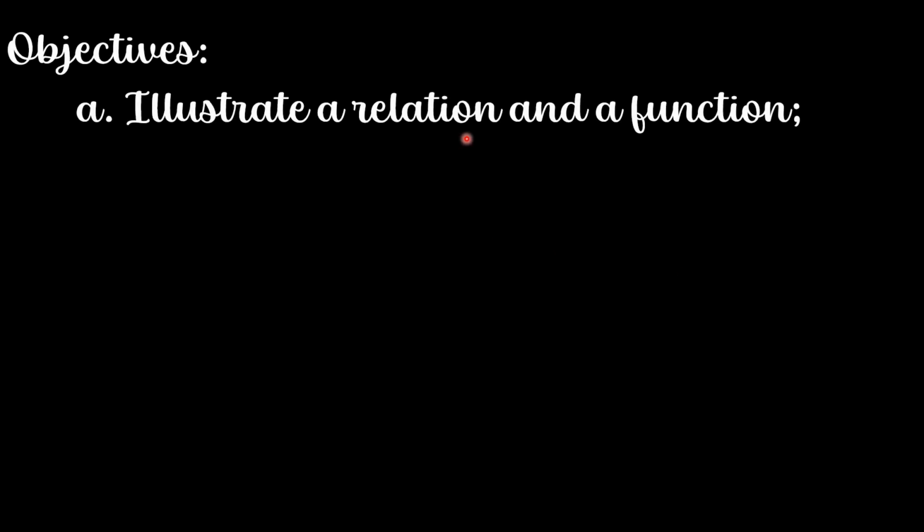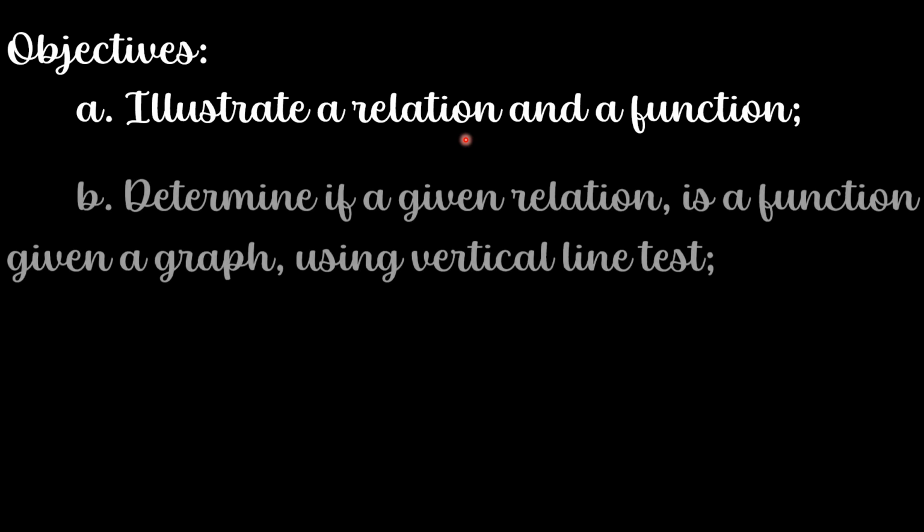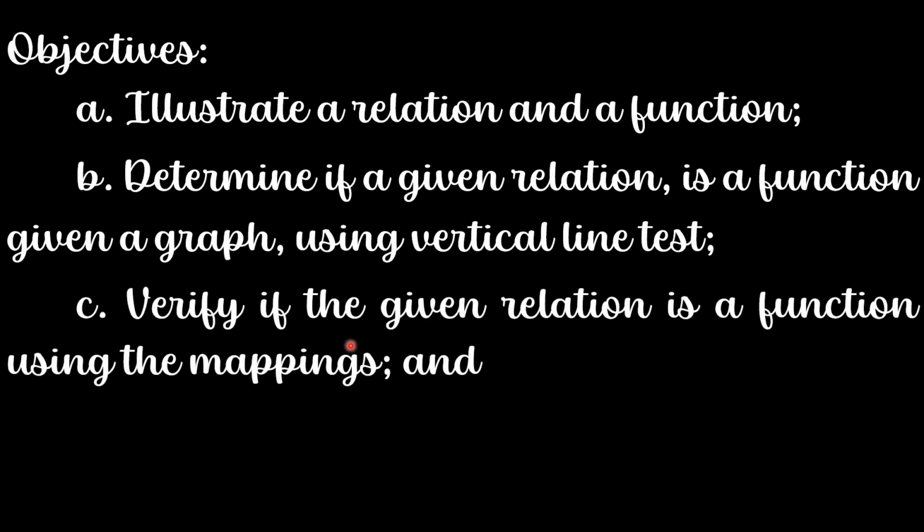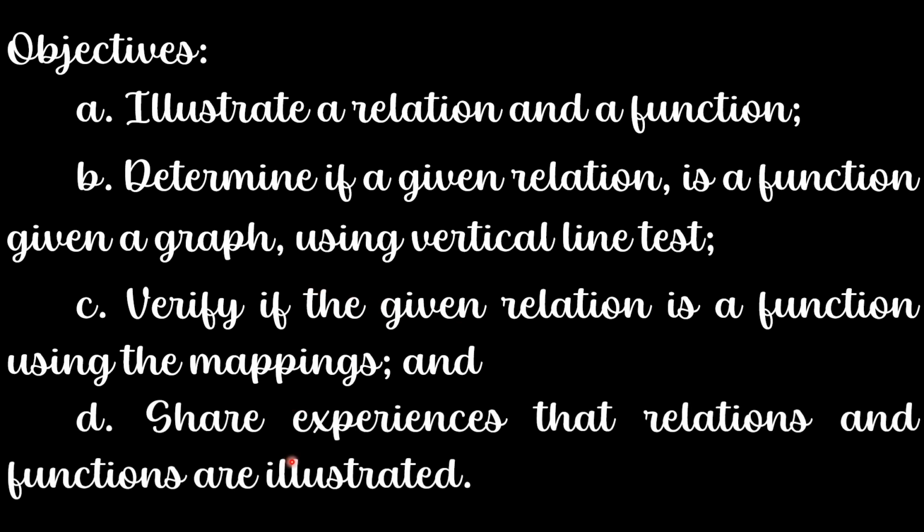The objectives are first, illustrate a relation and a function, determine if a given relation is a function given a graph using vertical line test, verify if the given relation is a function using the mappings, and share experiences that relations and functions are illustrated.